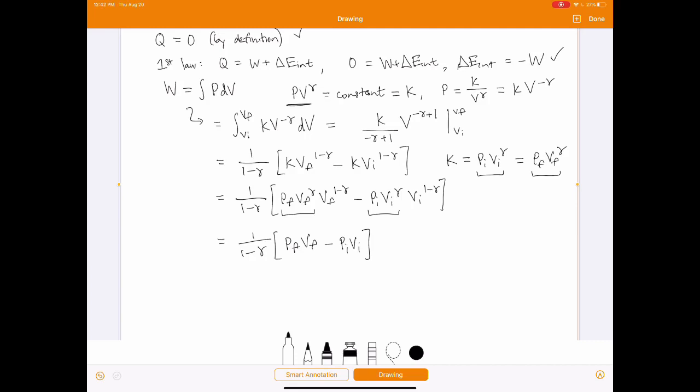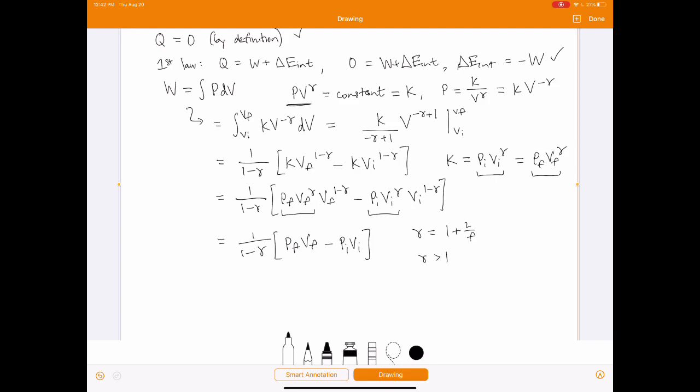Now we could end the story right here, but I just want to remind you what gamma is. Gamma is 1 plus 2 over F. In other words, gamma is always going to be something greater than 1, right? Because F is never going to be negative. And what we're doing in the expression is we're doing 1 minus gamma.